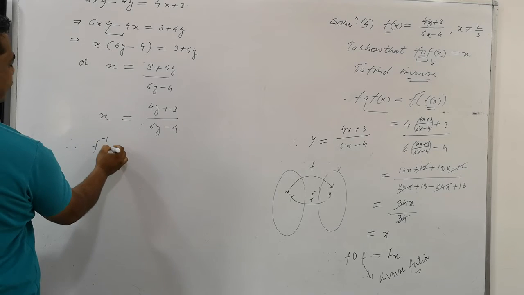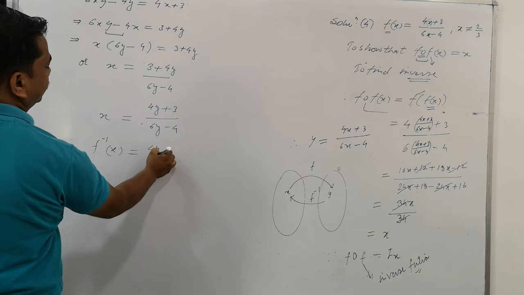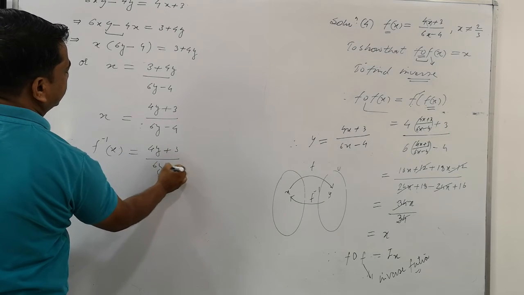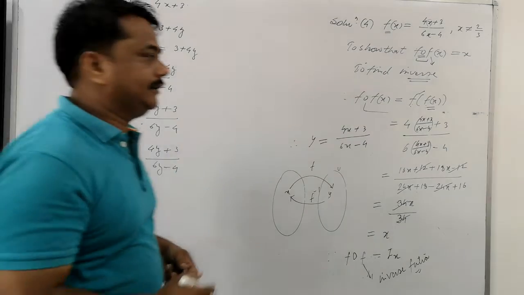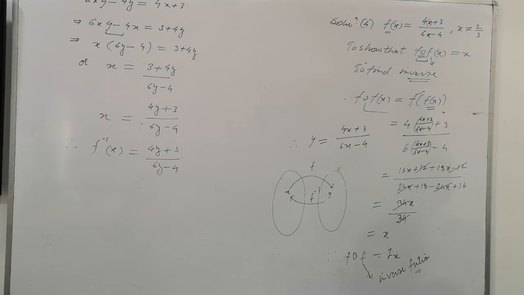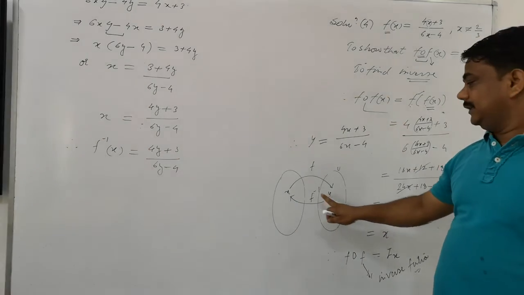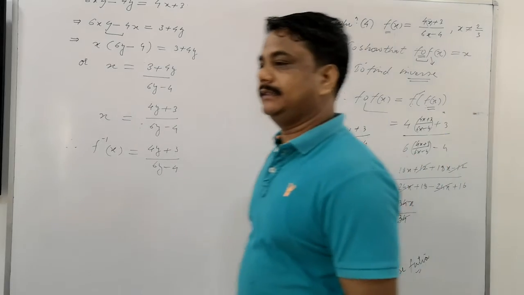So f inverse is 4y plus 3 divided by 6y minus 4. Under f, x gives you y; under f inverse, y will give you back x.